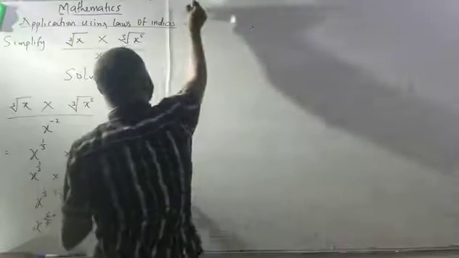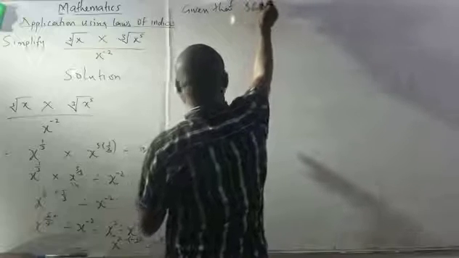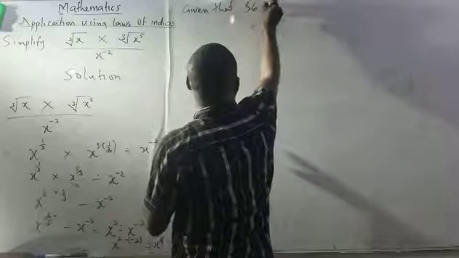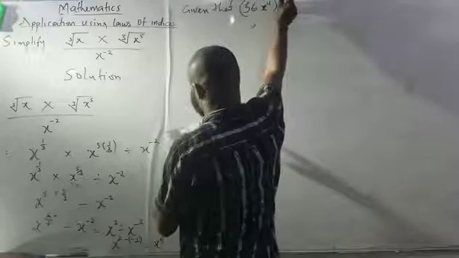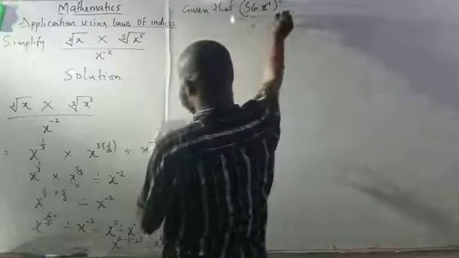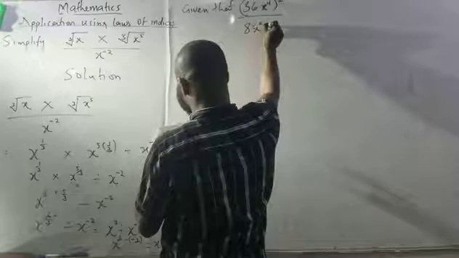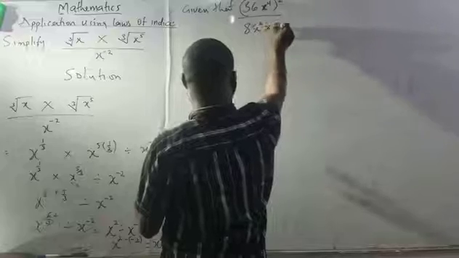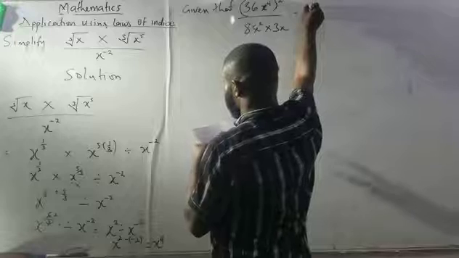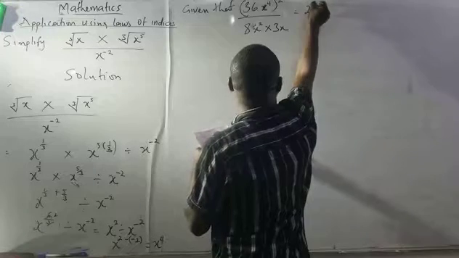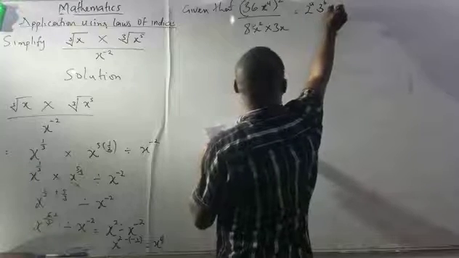Given that 36 x raised to the power 4 (bracket everything) divided by 8 raised to the power x, times 2 to the power x... 3x... which is equal to 2 raised to the power a, 3 raised to the power b, x raised to the power c.